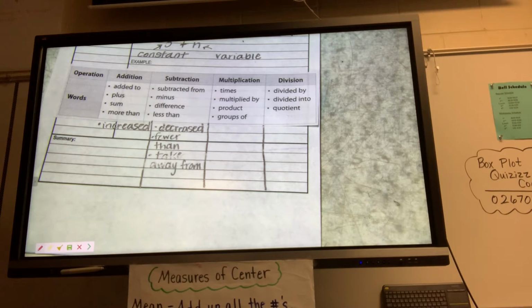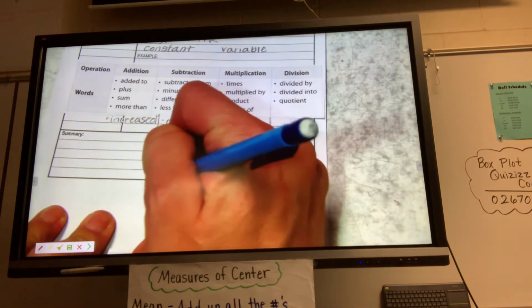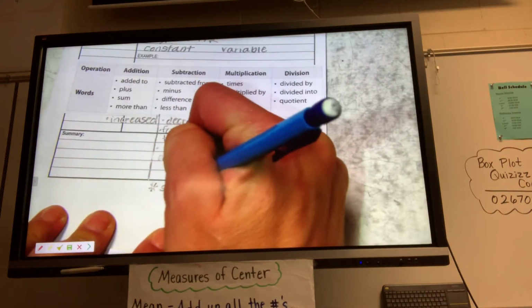This really should not be very new to us. But what I do want us to do is I want us to add down here to the bottom a little star, and I want us to write the word switch order.